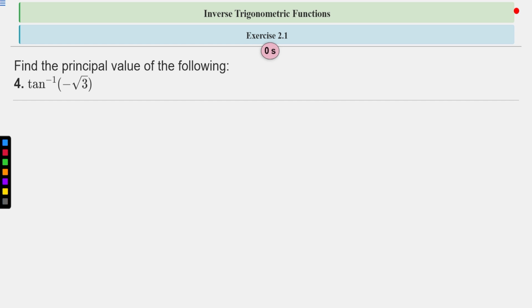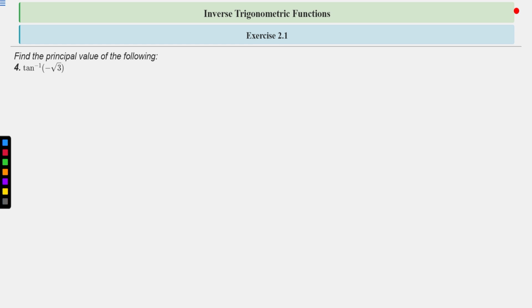Let us move to the solution part. The question was, we need to find the principal value of tan inverse minus root 3. The principal range of tan inverse is from minus pi by 2 to pi by 2.